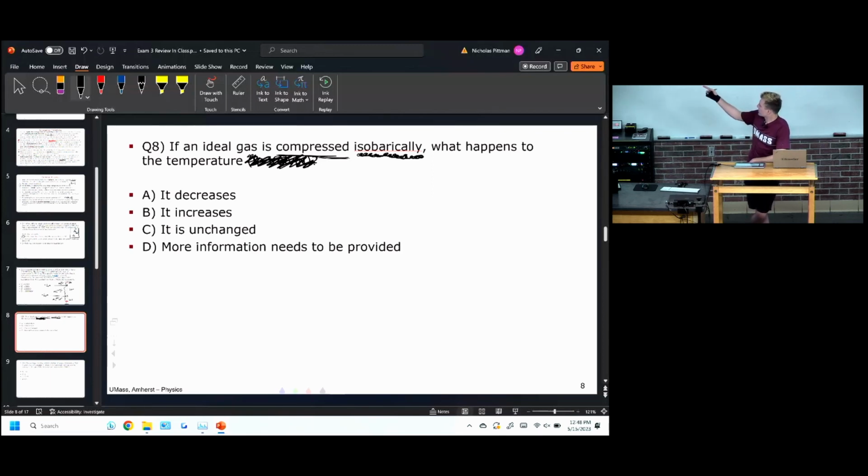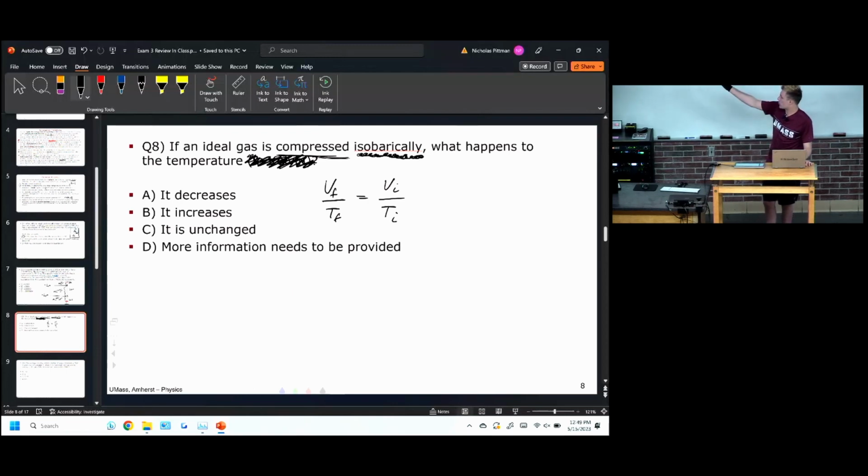I'm going to try Charles' law, because it says isobaric. So my 2 options are try the first law, try Charles' law, see if I get anywhere. Charles' law is VF over TF equals VI over TI. And this has what I need.